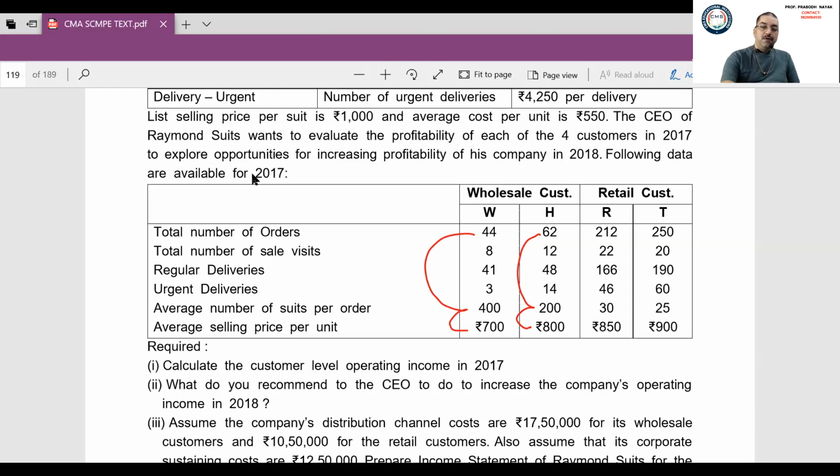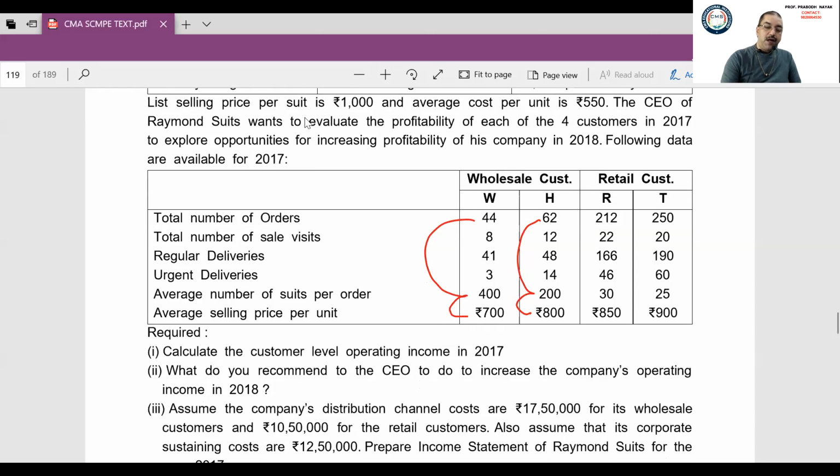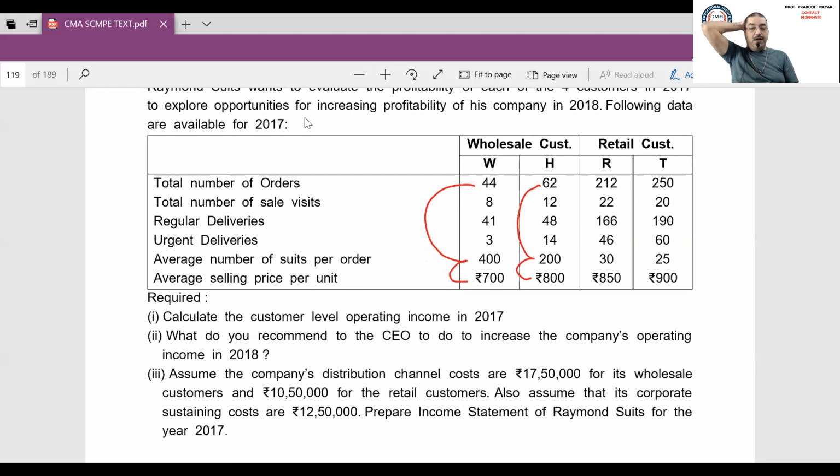First question, required. What is required? Calculate the customer level operating income in 2017. So what is the operating income of the previous year? Second, what do you recommend to the CEO to do to increase the company's operating income in 2018? How to increase that operating income? Recommendations.